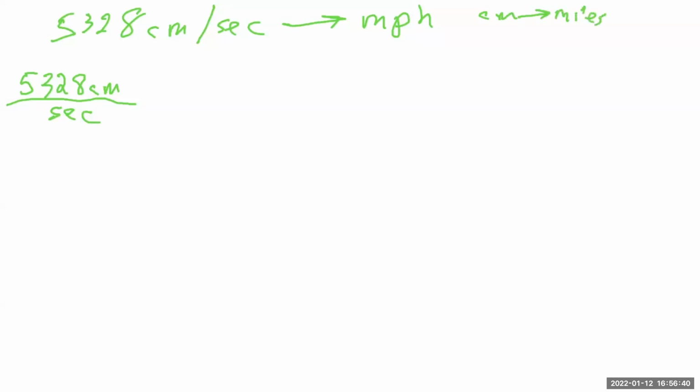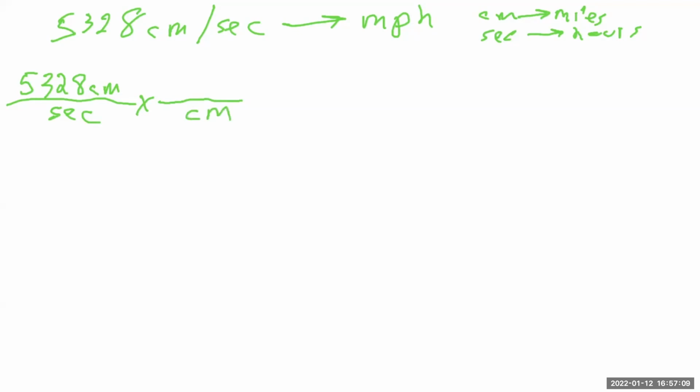We got to convert the bottom number, seconds, into hours. So now I got 2 things to deal with here. I'm going to be very careful in setting these up because it's easy to make mistakes. Let's do the top one first. So let's do centimeters on the bottom.